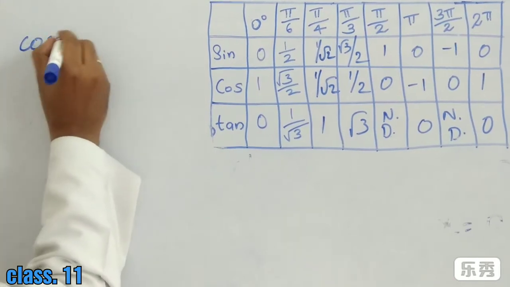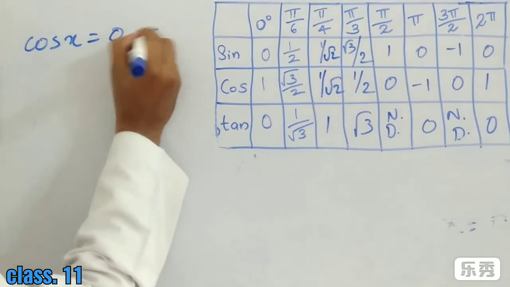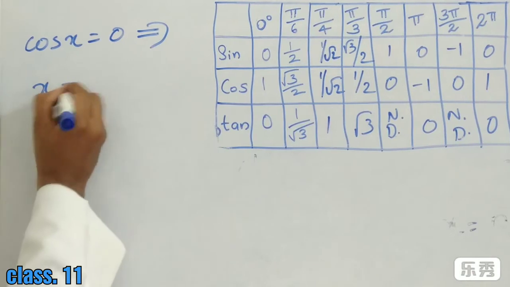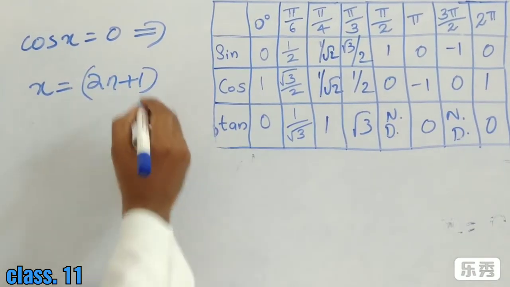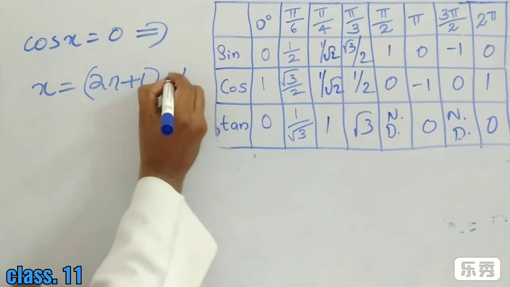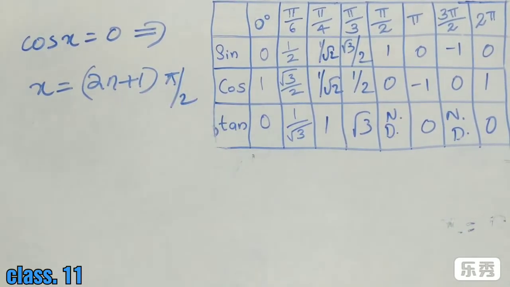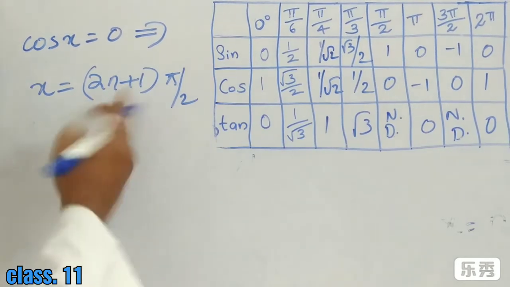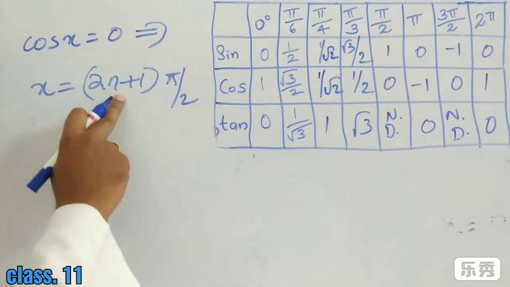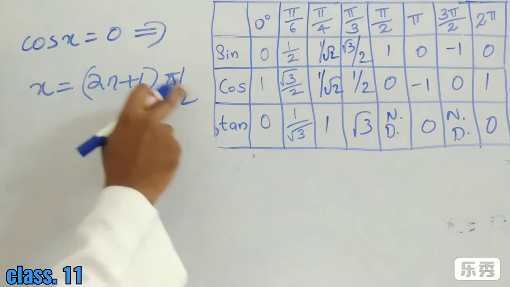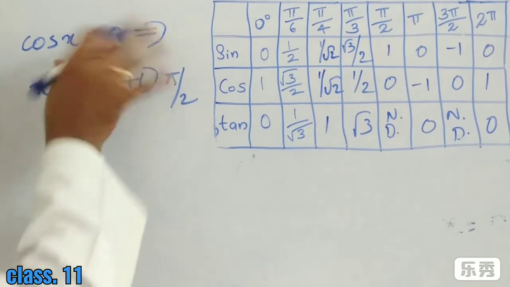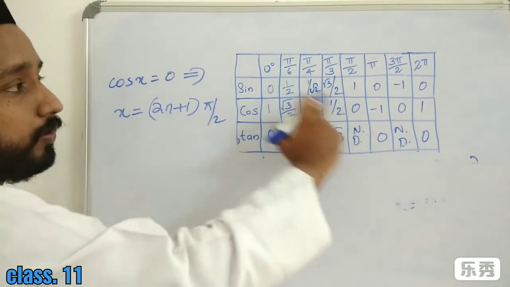cos x is equal to 0 implies x is equal to (2n plus 1) into pi by 2. Look here, n is an integer. When n is equal to 0, 2 into 0 is 0, 0 plus 1 is 1, 1 into pi by 2, so cos pi by 2 is 0.